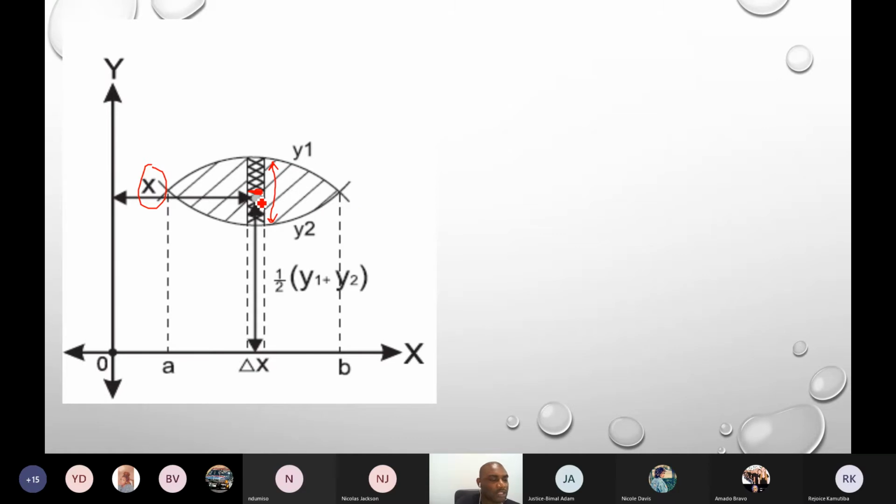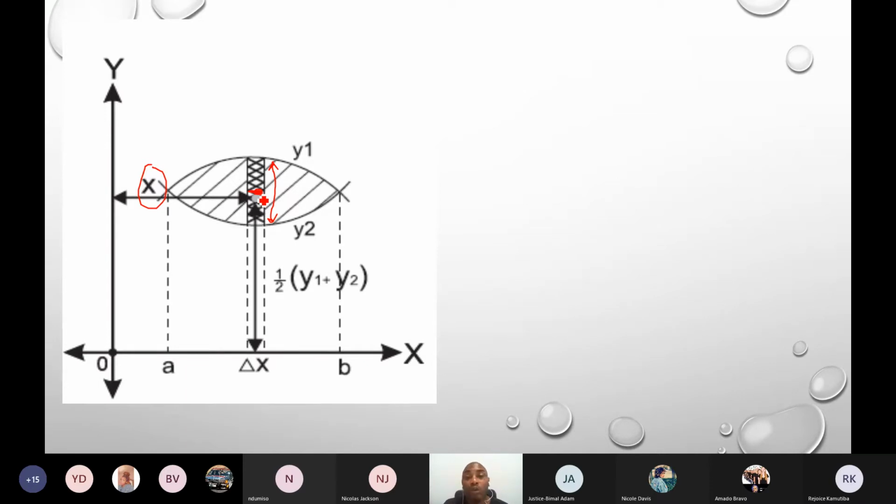If you want to find the middle between two lines or two points, you just add them and divide by 2. For example, if it was A and B, the middle part is A plus B divided by 2. That's how I find the middle between two points.